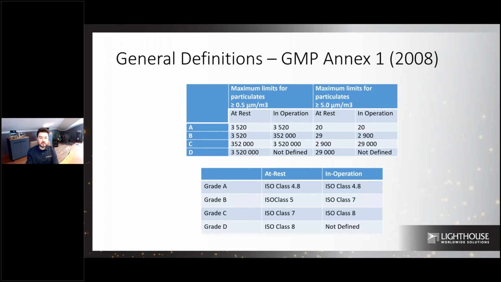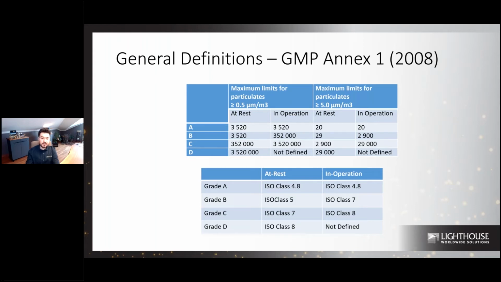Vice versa, I made the comment the wrong way. In at-rest conditions, you should expect ISO class 5 to be parallel to GMP, but in operation conditions, maybe you will expect ISO class 7. So this differentiation is not through the classification number, it comes from the definition that you made.